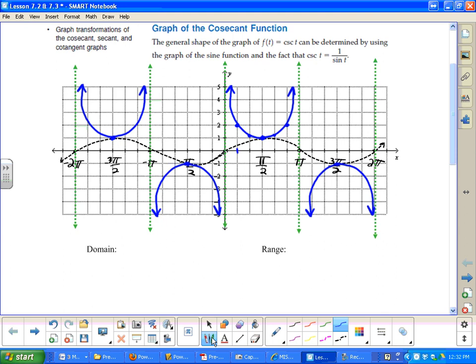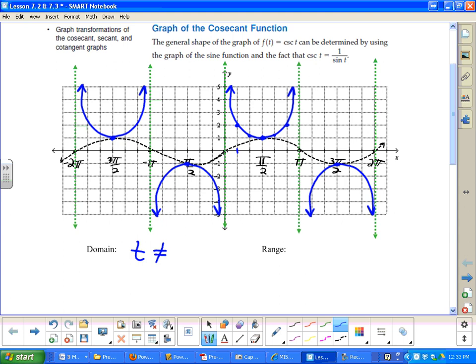All right, so we need to talk about domain and range for this graph then. So what is the domain for the graph of cosecant? Okay, our angle is t, so t cannot equal what?